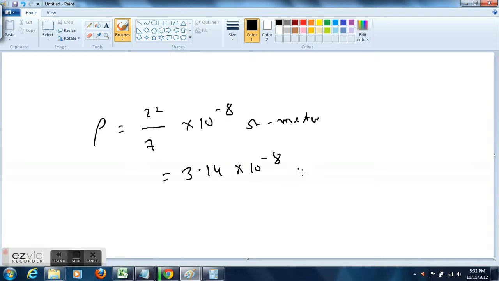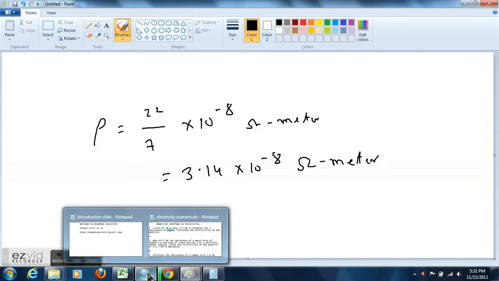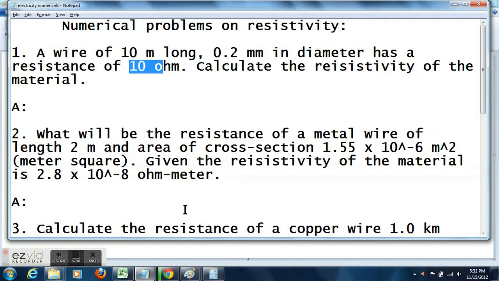Therefore, resistivity of the material is 3.14 multiplied by 10 to the power minus 8 ohm meter. So this is the answer. So let me write it in the answer sheet. Therefore resistivity equal to 3.14 into 10 to the power minus 8. So this is the way we will write the power with a hat sign, ohm meter.